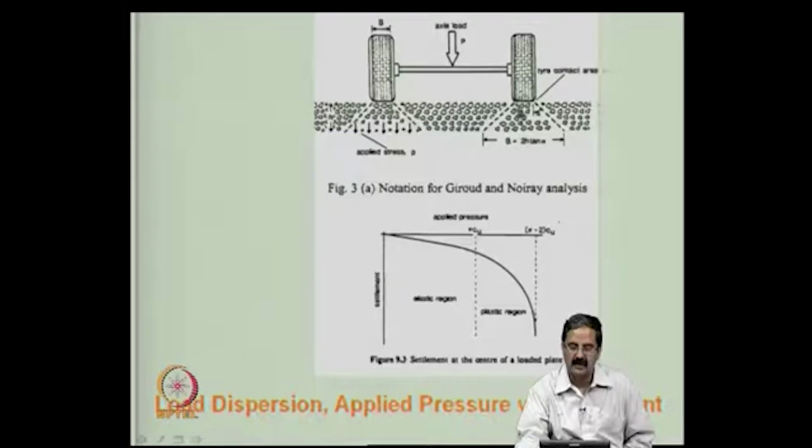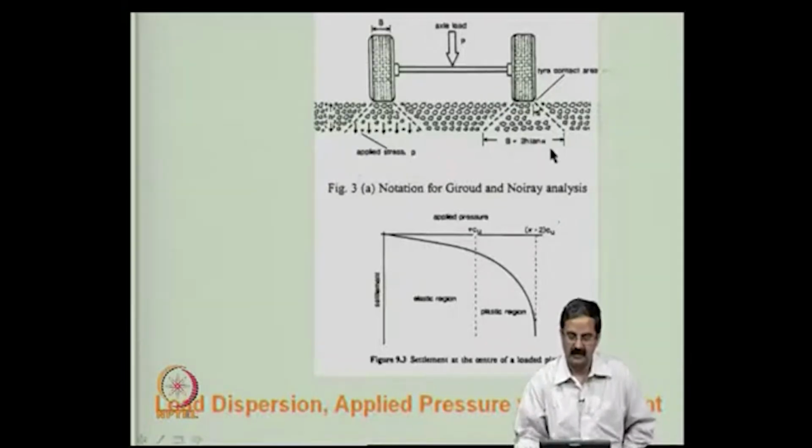If you take the load dispersion angle, this becomes B plus 2 H tan alpha, where alpha is the angle of dispersion. This is H tan alpha and this is H tan alpha, so twice, B plus 2 H tan alpha. Whatever load comes here gets reduced, because it is now over a wider area.